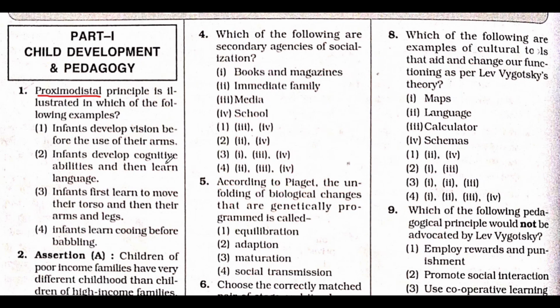Number 2, infants develop cognitive abilities and then learn language. Number 3, infants first learn to move their torso and then their arms and legs. Number 4, infants learn cooing before babbling. So which one do you think is the correct answer for this?